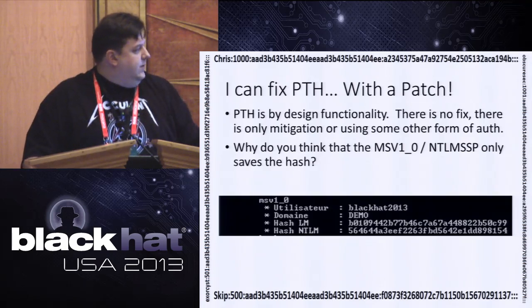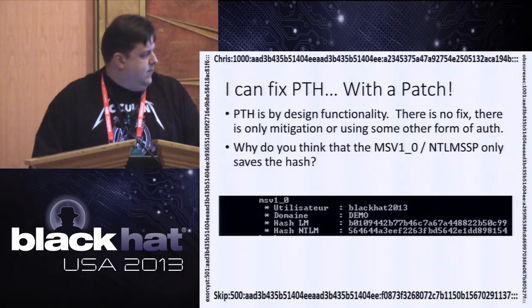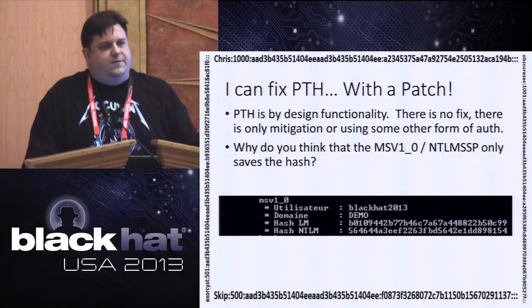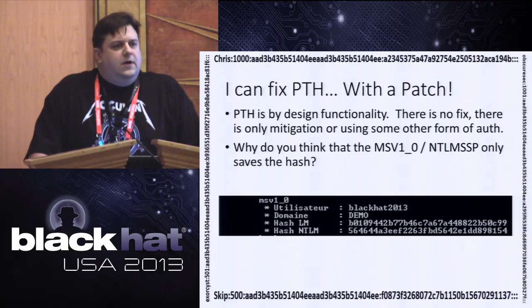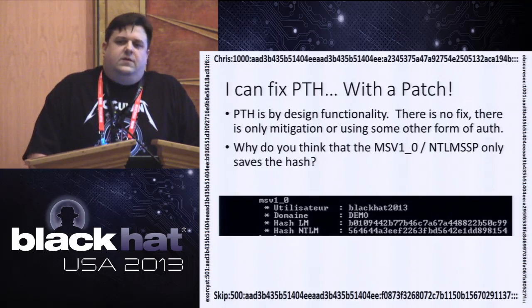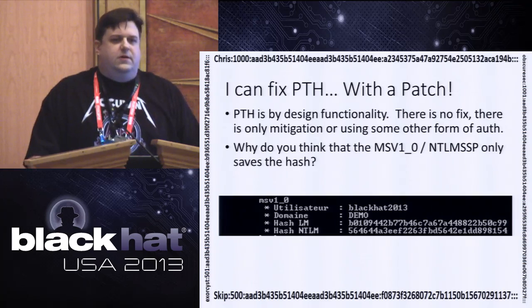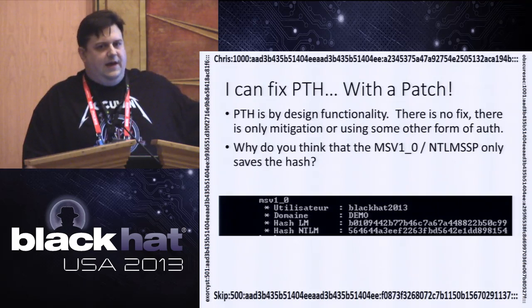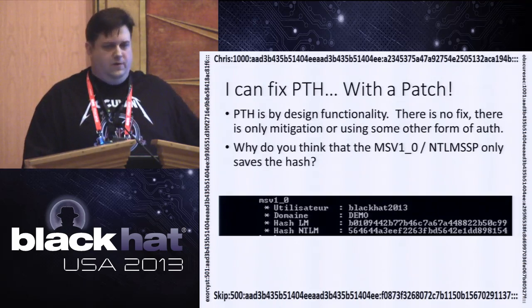And another little side bit that I always like to hammer on, the LM password, if you're using a password on a Windows box that is 14 characters or less, in LSASS, the LM hash is always calculated currently.